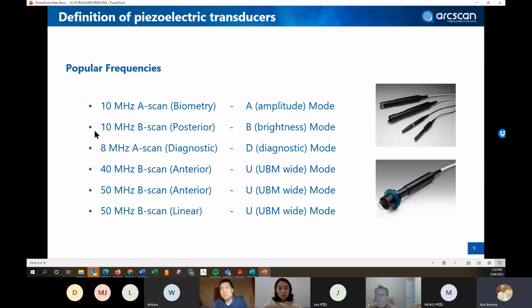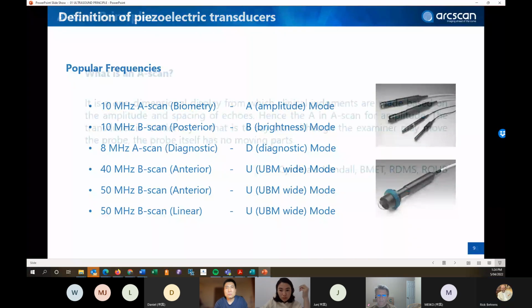Then there are a series of different ones. You have 10 for B, 8 for diagnostic. There is a complete array of ultrasounds. When we talk about UBM, the most advanced one, our device is very similar to that.